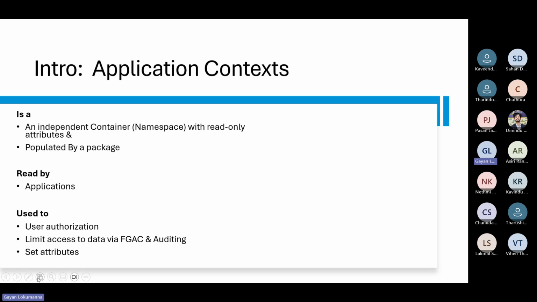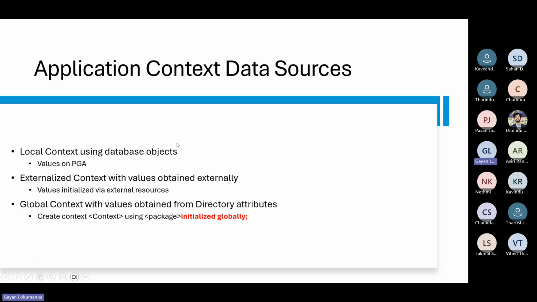And then, of course, we understood what setting attributes is. So the sources of application context: you can take it from your own objects. That is the local, which we demonstrated with the Winston scenario. And then we have the external entity, where you have to say initialized externally.